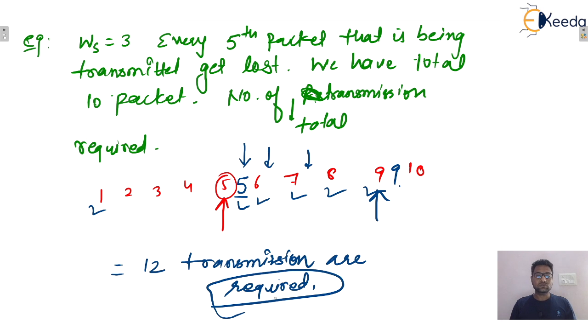Because if the channel is noisy, more packets will be lost, and if more packets are lost, more retransmissions will be required. In go back N, every time we retransmit the entire window, so there will be many retransmissions as compared to selective repeat. So if the channel is noisy, selective repeat will be better.